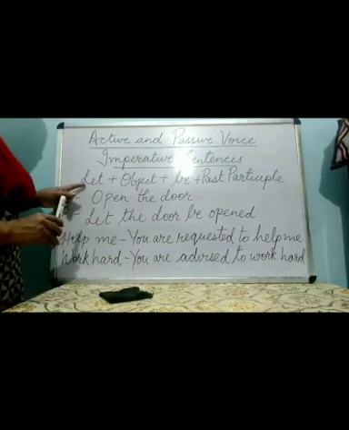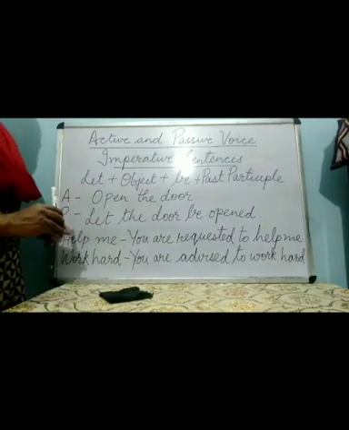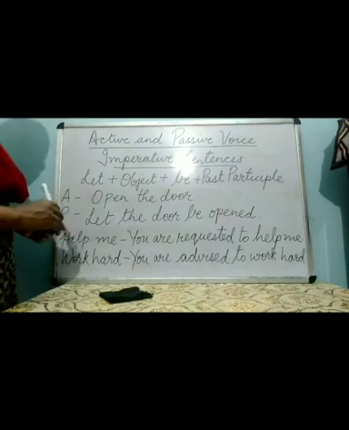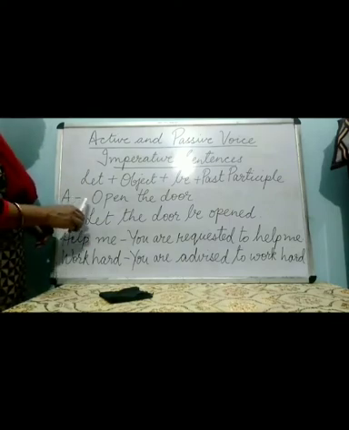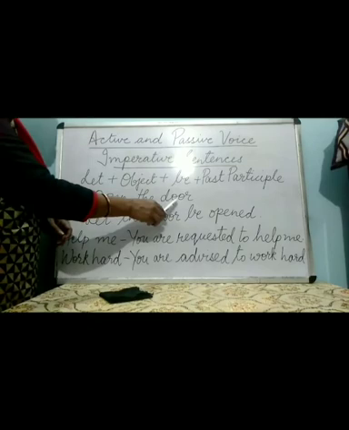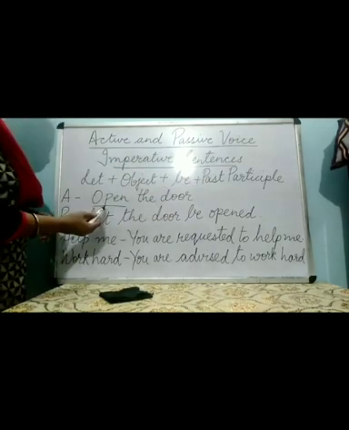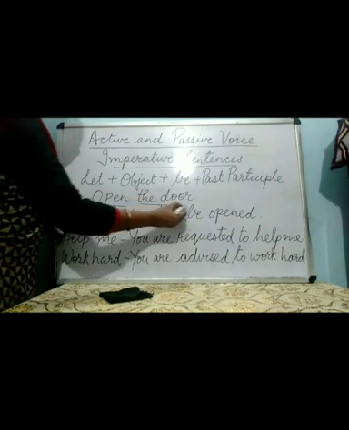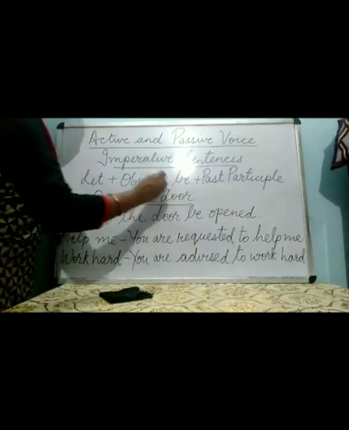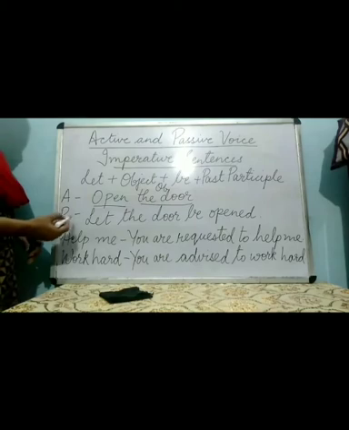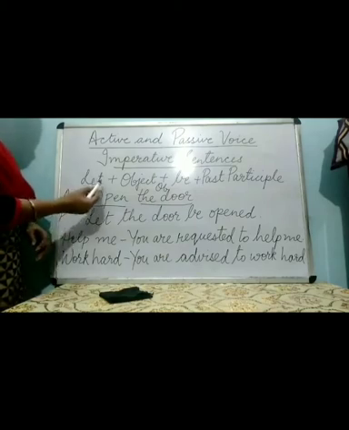So you can learn this formation, how the imperative sentence can be changed from active to passive. Like for example, open the door. Now here open is the verb, you have to write the past participle of open and the door is the object here. So when you change it into passive, you will use this formation only.